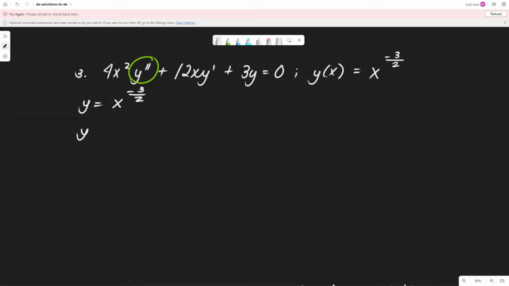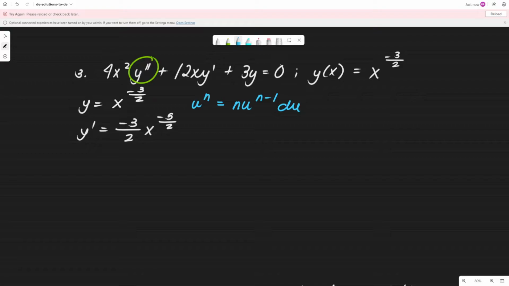So we have y prime is equal to negative 3 over 2 x raised to negative 5 over 2. Saan nanggaling to? Diba if we have x raised to n or u raised to n rather, para mas general, pag ginawa natin yung derivative niyan, we will have n u raised to n minus 1 du. And u here is x.